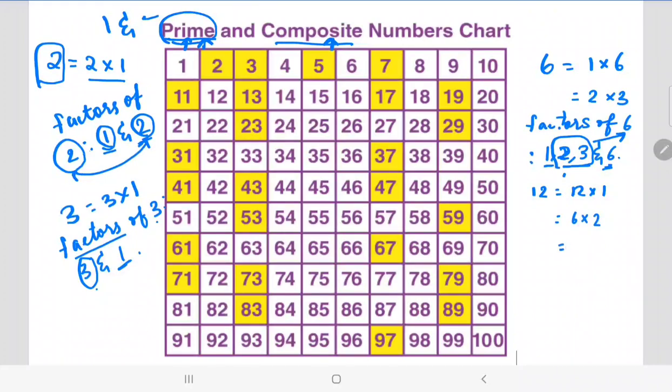It can be written as 3 into 4. So the factors of 12 are 1, 2, 3, 4, 6 and 12. By this, what you can understand is 12 has more factors. That's why 12 is also a composite number.